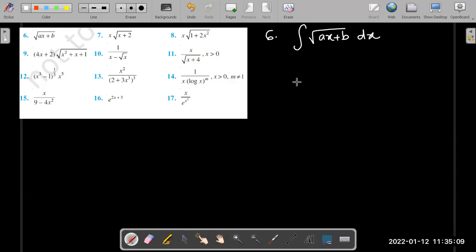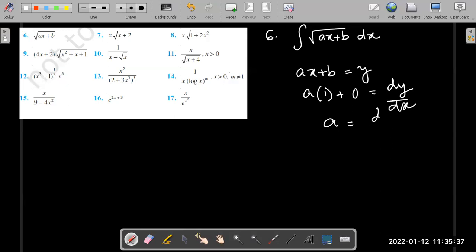If I consider ax plus b as y, then differentiating both sides, you will get a times 1 plus 0 equals dy by dx, which means a equals dy by dx. Modifying this, you get dx equals 1 by a dy.